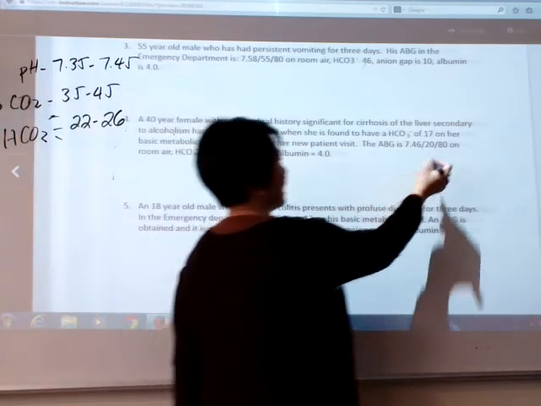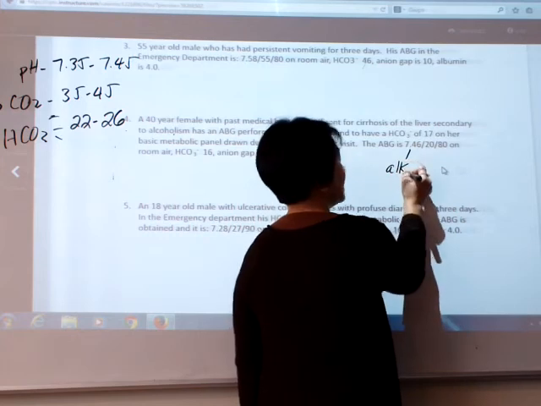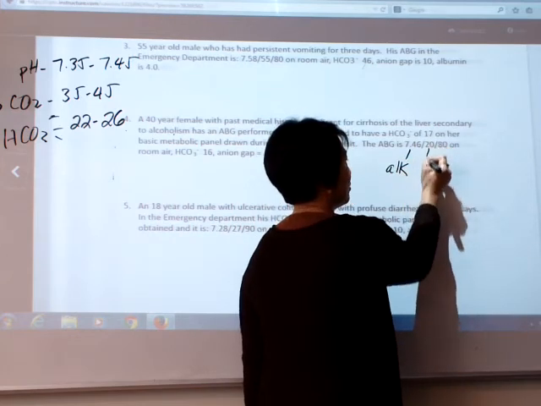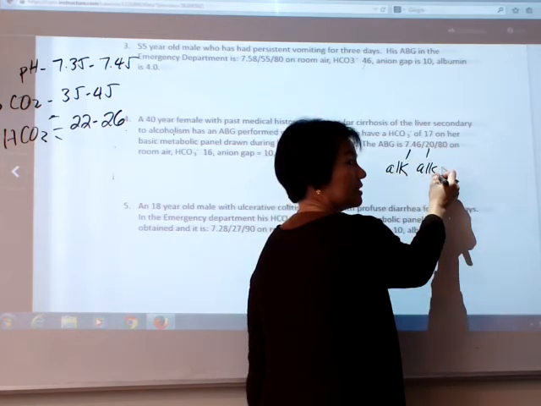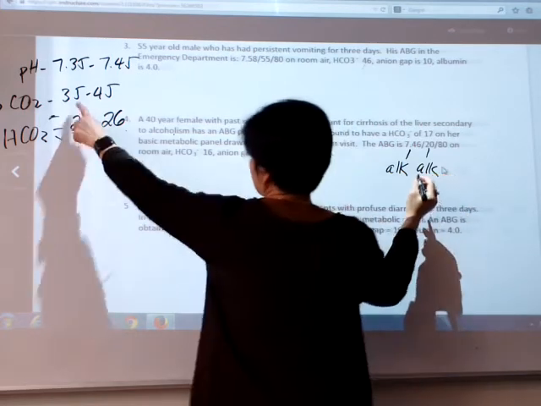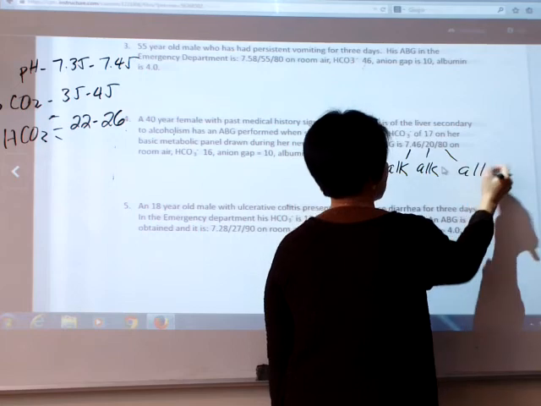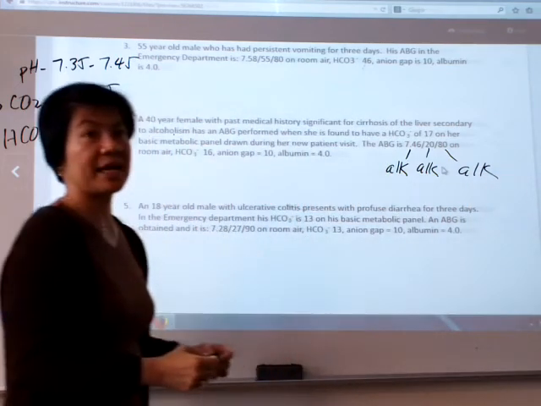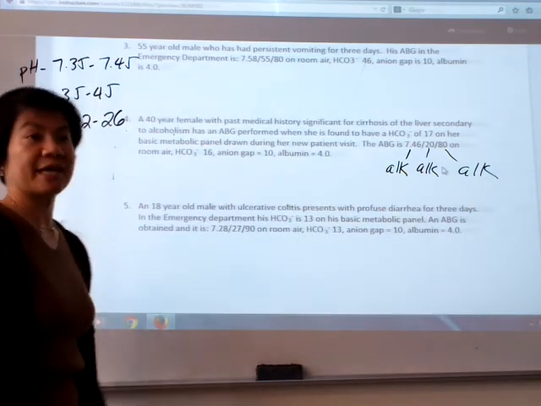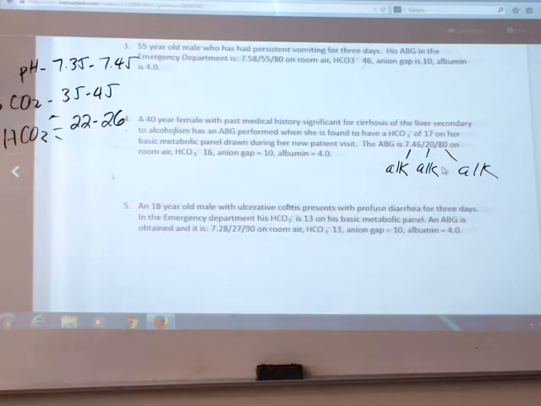This is telling me alkalosis. This is also telling me alkalosis, right? Nothing's being fixed. So what are you going to write? Combined respiratory and metabolic alkalosis. That's correct. Nothing is being fixed with this patient.